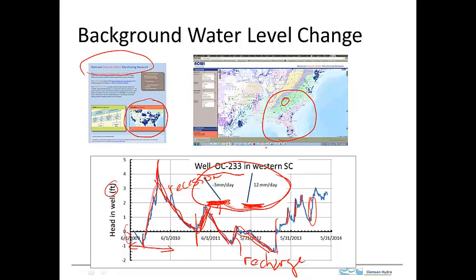And so if you conduct a test and the test is, say, several days long, and the pumping well is quite a ways away, and the signal that you're expecting at the well where you're observing is going to be small, then the signal may be similar to this magnitude. And so the rate at which the water levels are changing in kind of a background or ambient way is something that you need to take into consideration.